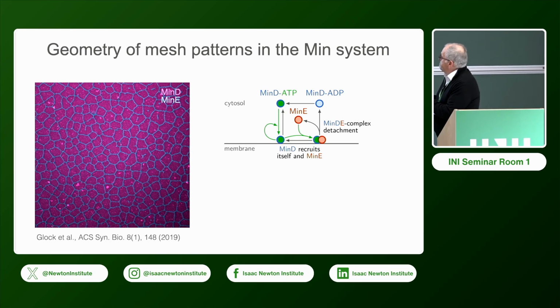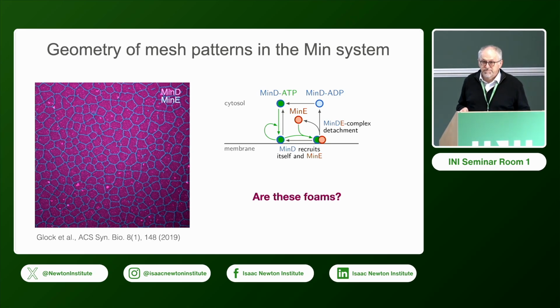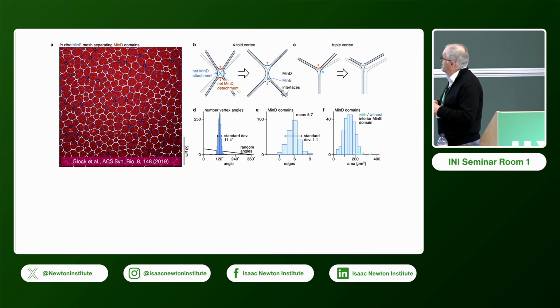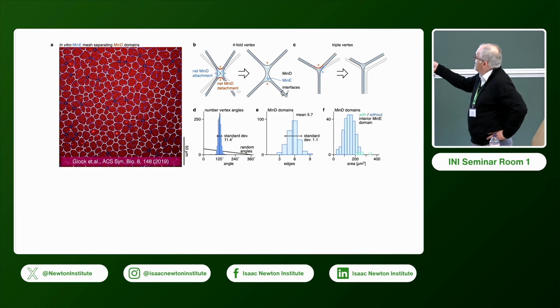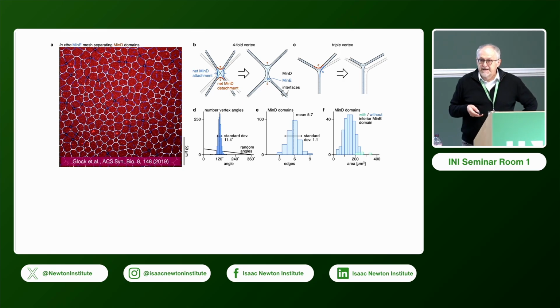Okay, now, are these foams? Well, you can study by looking at statistics of it. So you look at all the threefold junctions, and you just measure the angles. And what you see is you have pretty much, with a very small standard deviation, 120-degree angle between the different boundaries.